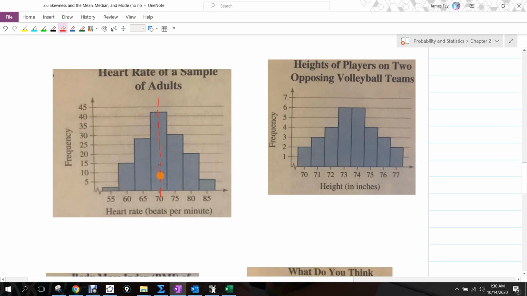So the mean, median, and mode are all going to be here in the center. Okay, so for this situation, the mean is going to be the best measure of center. If I look at this one here, the heights of players on 2 opposing volleyball teams, same thing kind of happens here. It looks symmetric to me. So the mean is going to be the best.